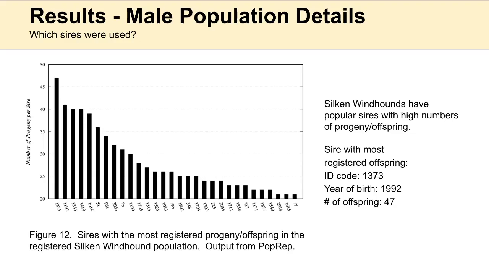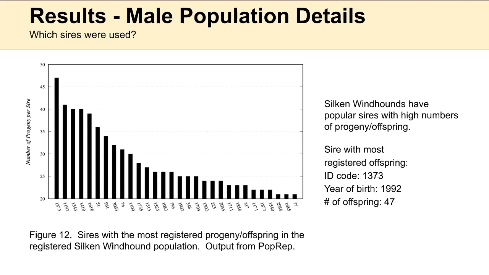We can see sire number 1373 all the way on the left with 47 offspring over the entirety of his lifespan. And this chart is telling us that Silken Windhounds do have a problem with popular sires with high numbers of progeny.